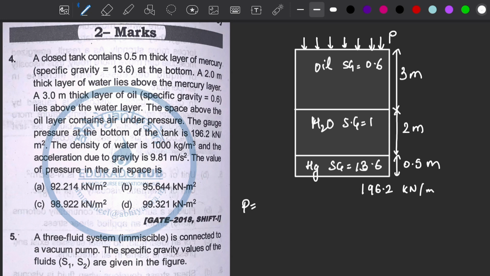So all the pressure here is equal to 196.2 kilonewton per meter at the bottom.